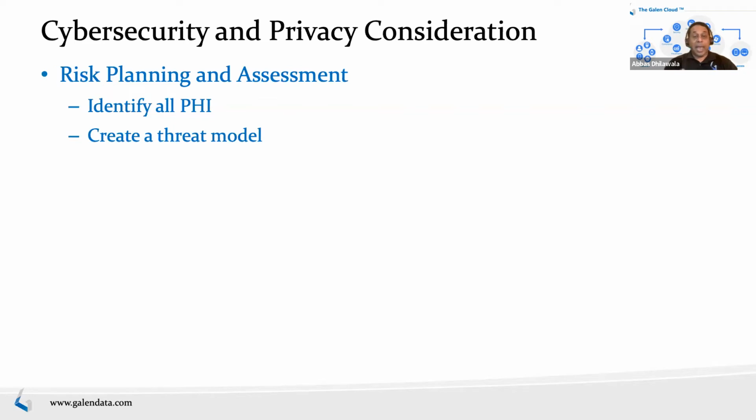And there are a lot of resources. The best ones I've seen are around NIST, the National Institute of Standards and Technology, on their webpage. You can find some really good threat modeling tools. Microsoft has a free threat modeling tool that you can download.